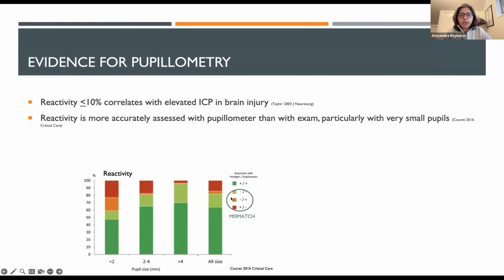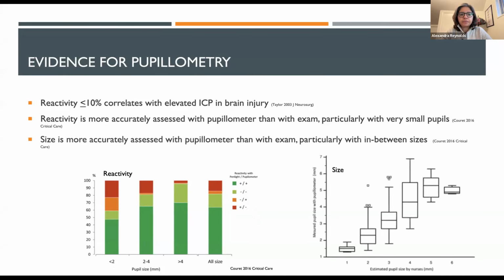So you can see here, orange and red are examples of mismatch where the nurse or the physician disagreed with the pupillometer. And you can see that at really big sizes of the pupil, everyone seems to agree, is it reactive or not reactive? But it's the very small, pontine or fentanyl pupils where we really can't tell whether the pupil is reactive or not.